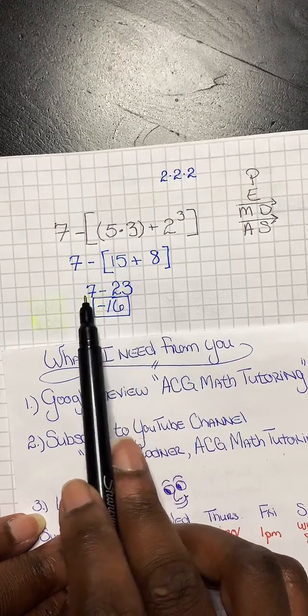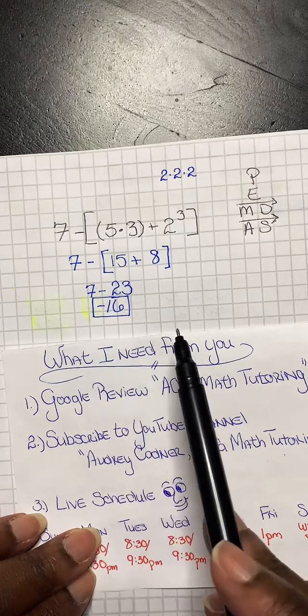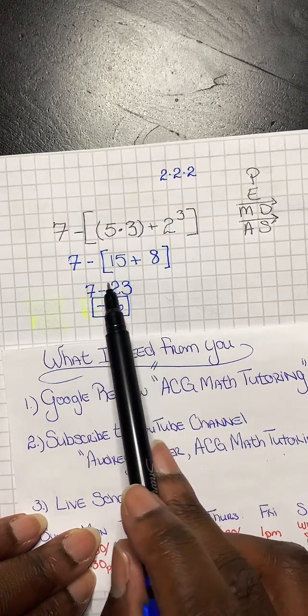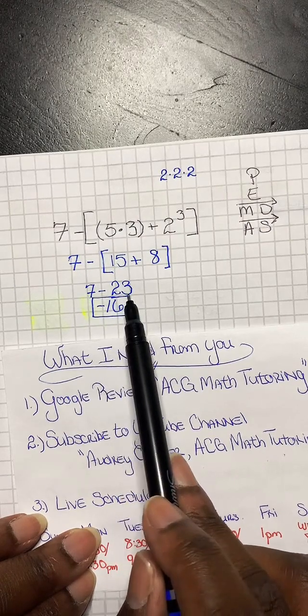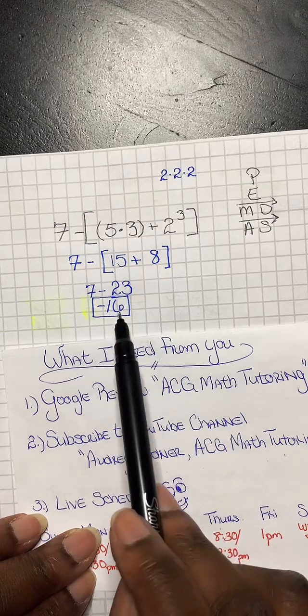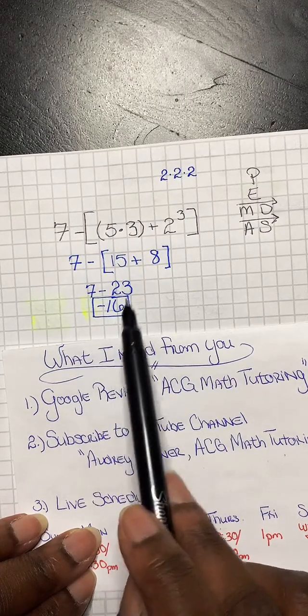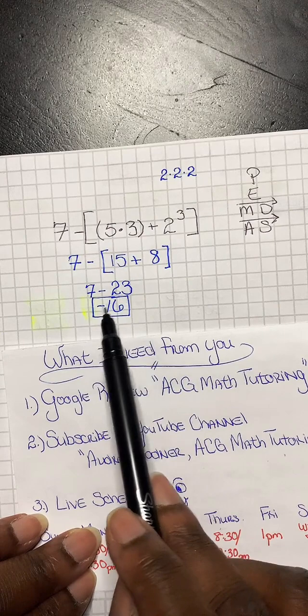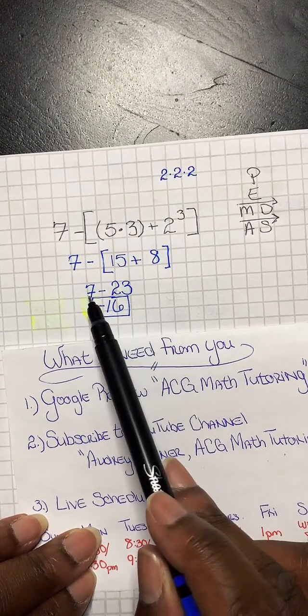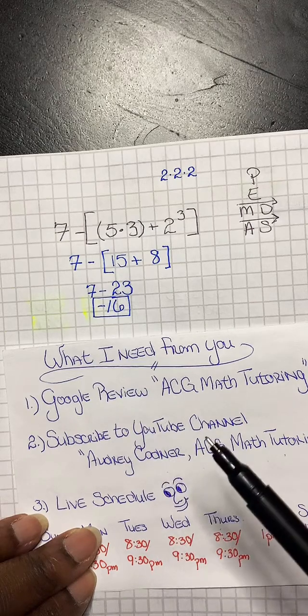When the signs are opposite, you subtract 23 and 7, but you take the sign of your larger number, which in this case is 23. So when I subtract, I get 16, but I have to bring down the negative because 23 is larger than 7.